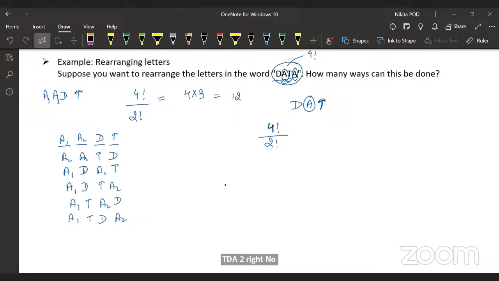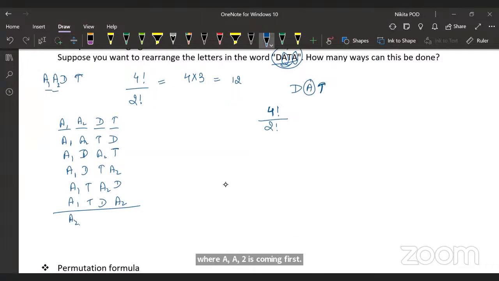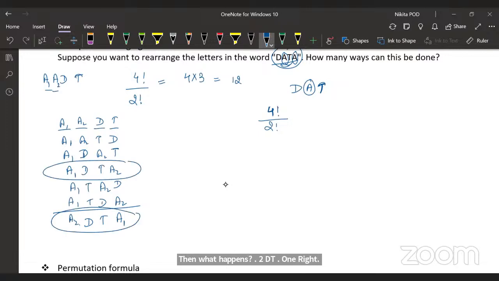Now let's consider these as separate. If you write all the possibilities where A2 is coming first, then you will have A2, D, T, A1, and so on. But actually both are A. You have A A, you don't have A1, A2.